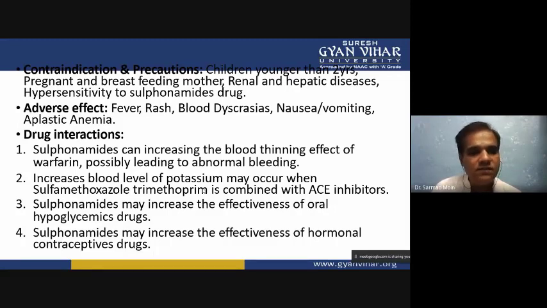Now, how do sulfonamides interact with other drugs? Sulfonamides can increase the blood thinning effect of warfarin, possibly leading to abnormal bleeding.